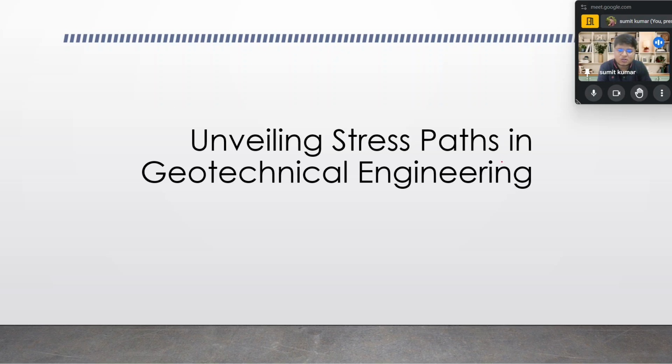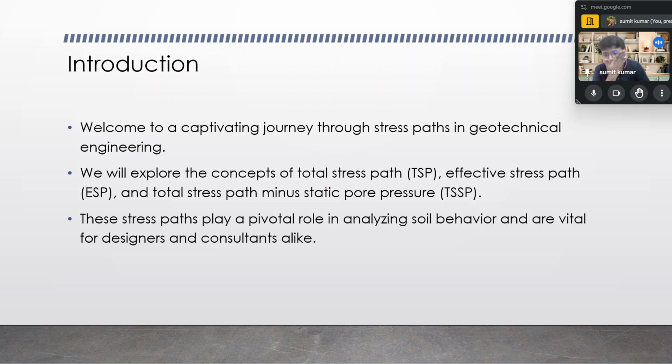So I am talking about the stress path in geotechnical engineering. Starting with the introduction, this is a journey through the stress path in geotechnical engineering. We will explore the concepts of total stress path and effective stress path.